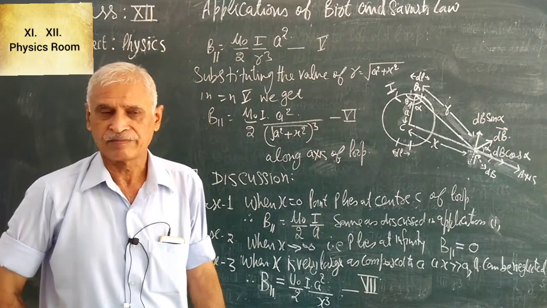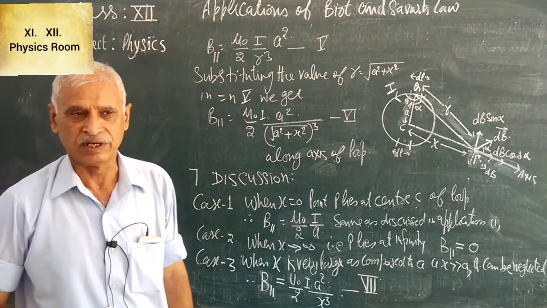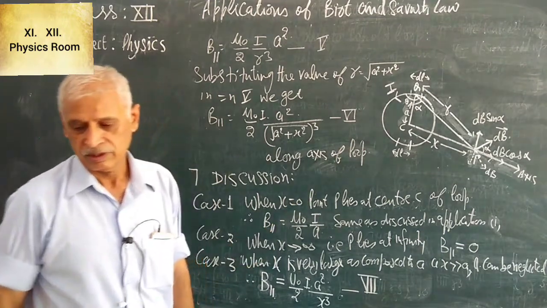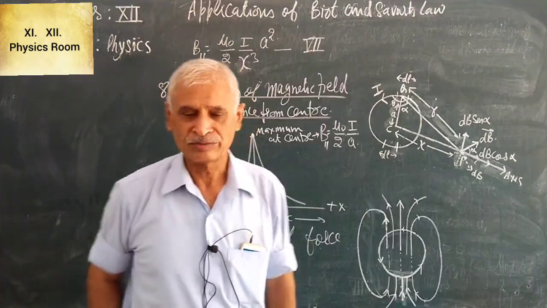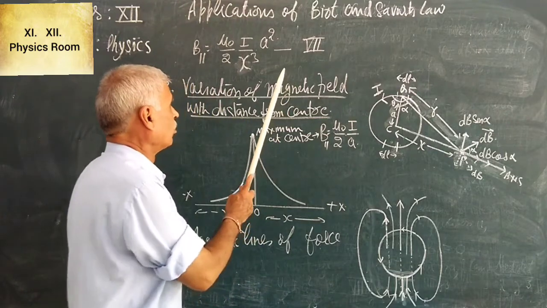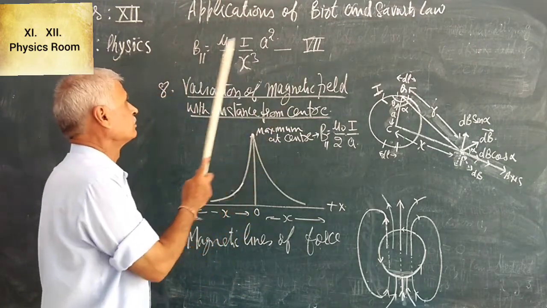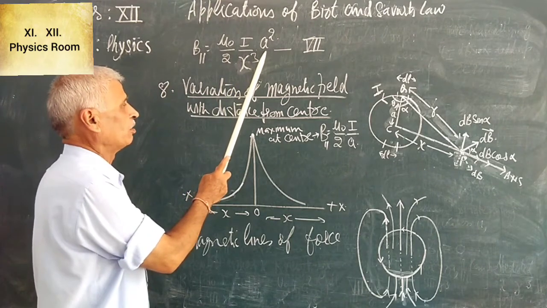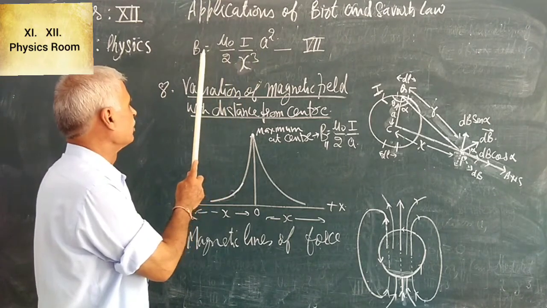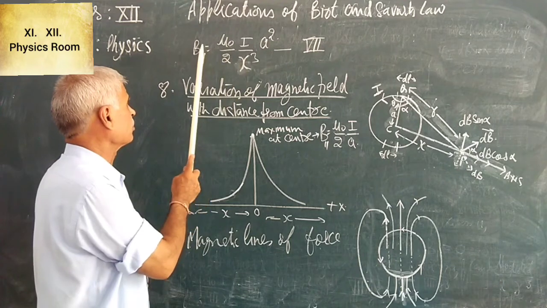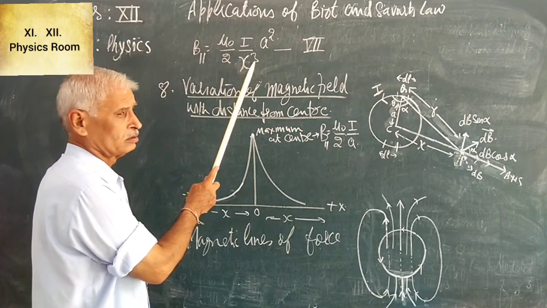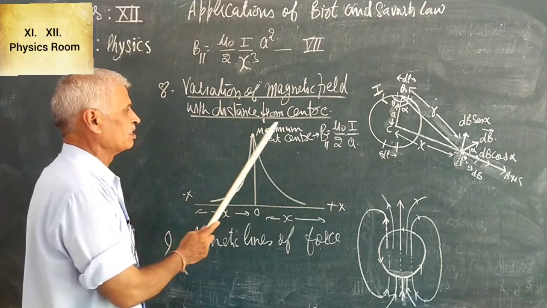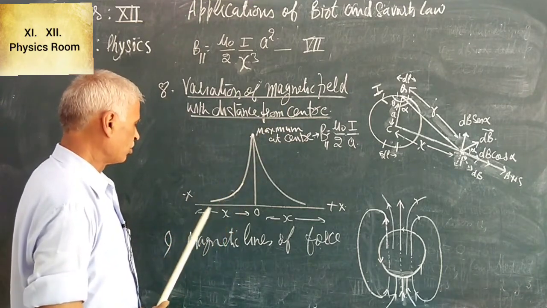Now we are to see the variation of magnetic field with distance from center of the loop. Now look at equation number 7. B parallel equal to mu 0 by 2 I divided by x cube into a square. It means field is inversely proportional to distance cube. And if we plot variation of magnetic field with distance from center, it comes out to be like this.